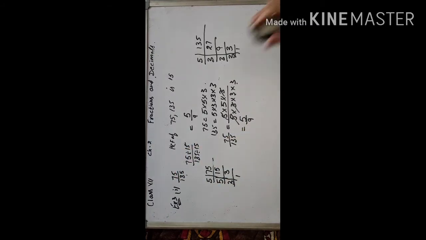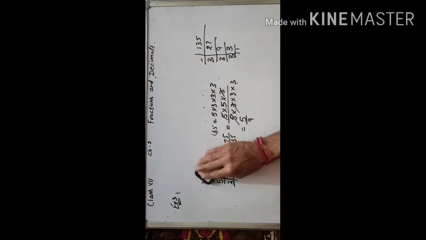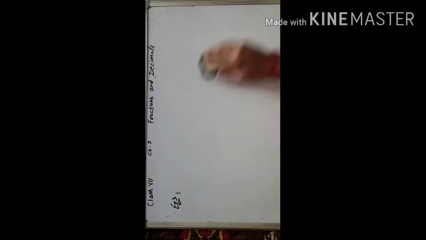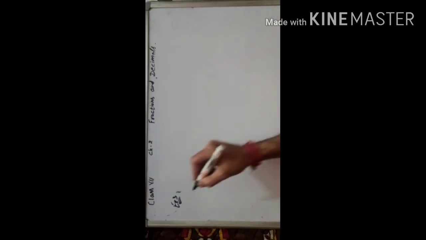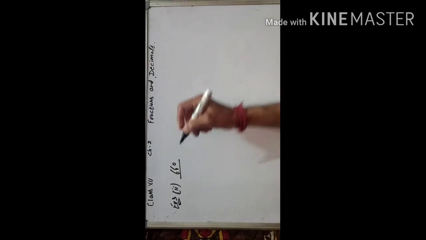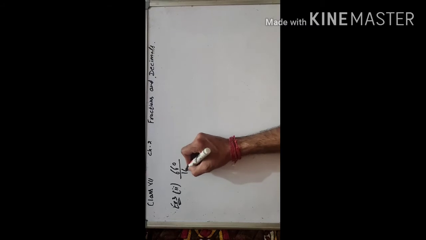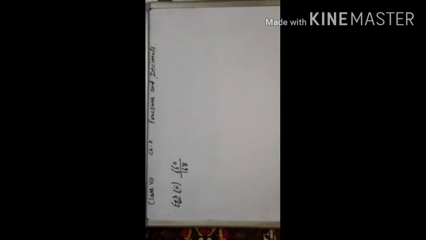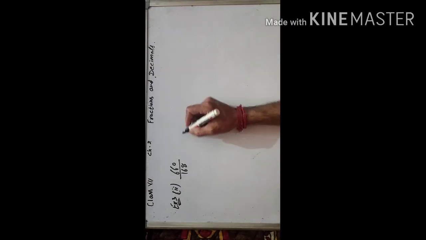The second part is 660 upon 168. Now you can do it with both the methods.